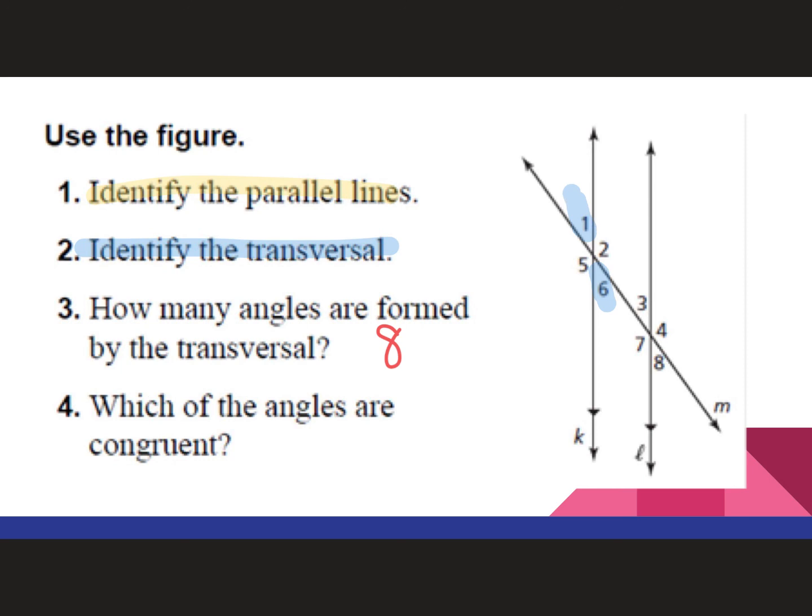Angle 1 is also congruent with angle 3 because they are corresponding. And angle 3 and angle 8 are vertical. So those are all congruent. And then angle 5 is congruent with angle 2 because they're vertical. Angle 2 is congruent with angle 4 because they are corresponding. And angle 4 and angle 7 are congruent because they're vertical.